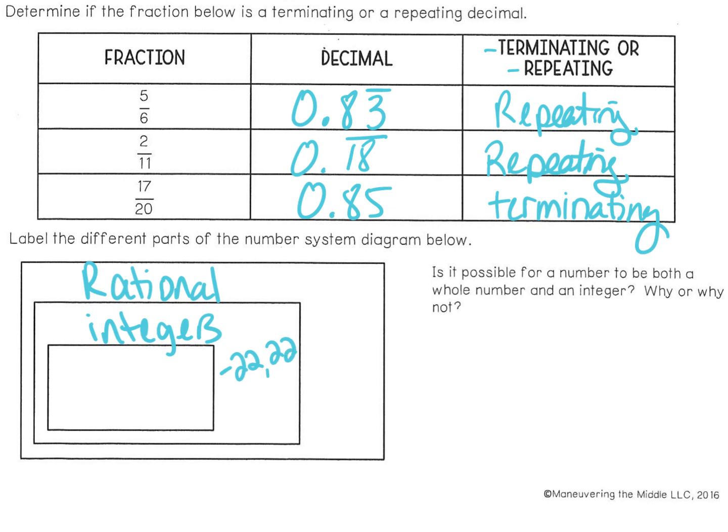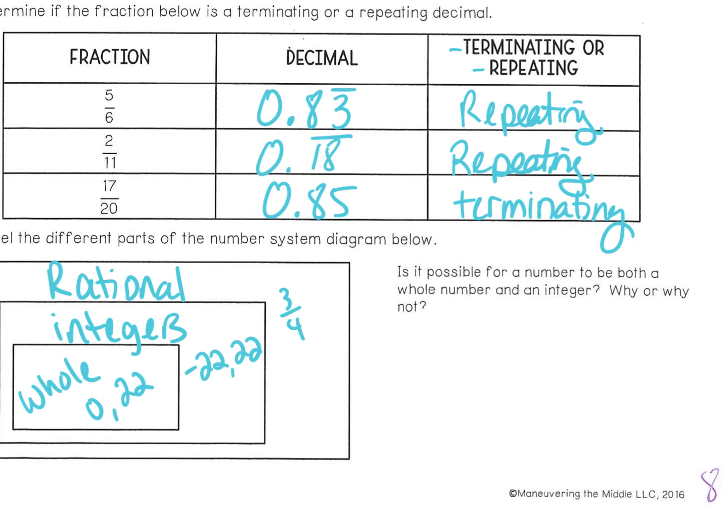Rationals are all the numbers, which excludes irrational, which we'll come back to. So rationals could be like 3/4. It does include negative 22 and positive 22. And then within integers is what we call whole numbers. Our whole numbers start at 0, but then they include all of the positive numbers of the integers. So rationals include integers, which include whole numbers. So all of these are rational.